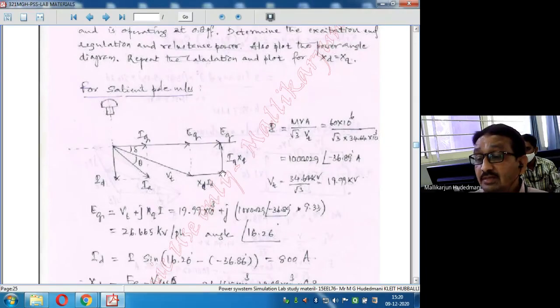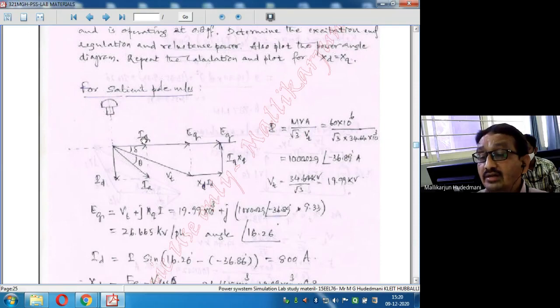Then, at the tip of this Xd Id vector, there is another drop happening in the machine, which is called the quadrature axis component, Xq and Iq. The Iq component is already parallel in my plane, horizontal in the representation.